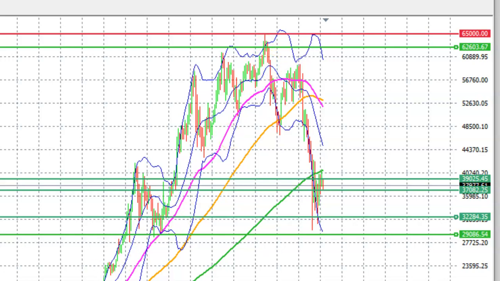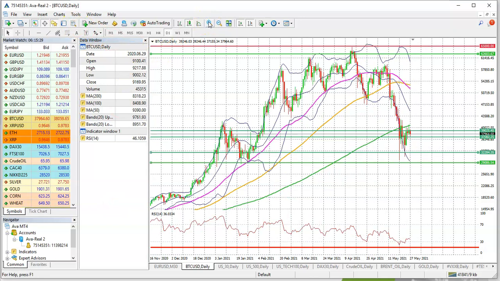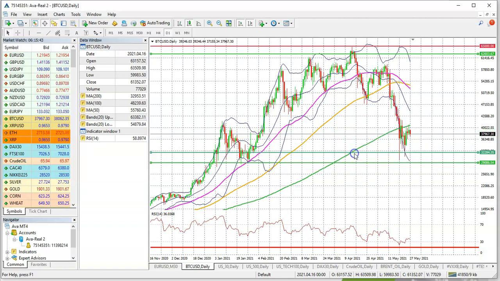Now, as of yesterday, we were looking at the price action and talking about the possibility of a bullish price action really taking place. So let me confirm what that bullish price action was. But first of all, we will delete these two lines just to make things a little bit clearer.